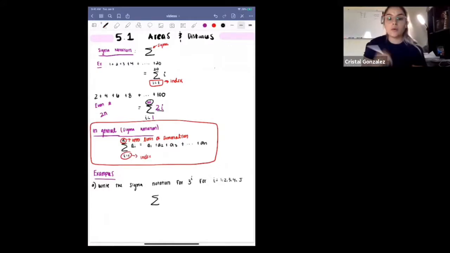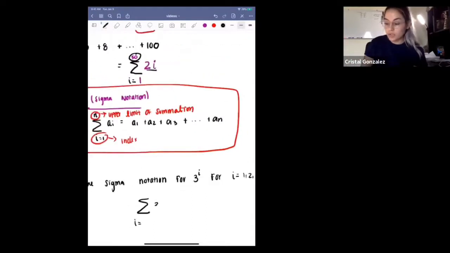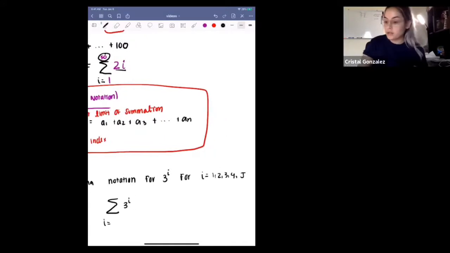So I know, because I have sigma notation, that I'm going to need my capital sigma, and I need an index. And then I went ahead and already gave you the term we're going to be summing. So 3 to the i is going to go in here. Now let's take a look at where we're going for our i values.